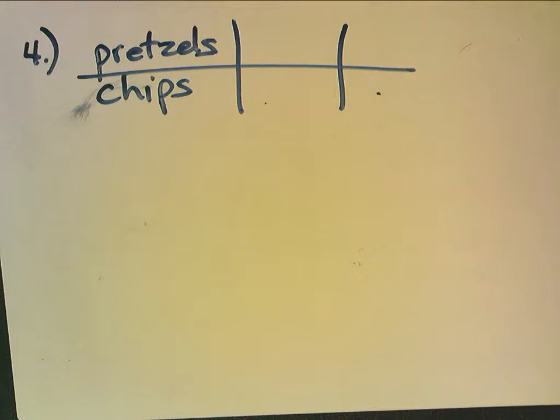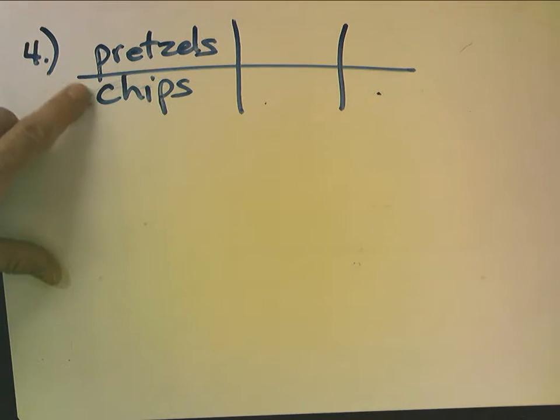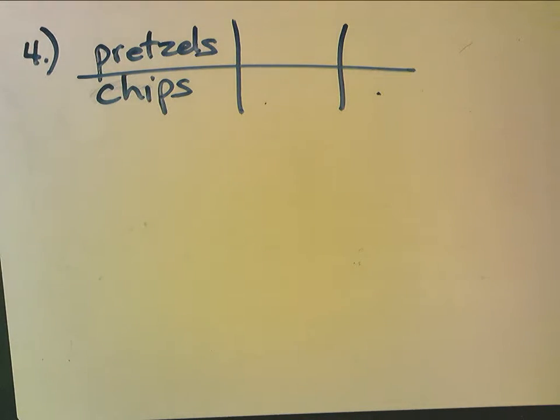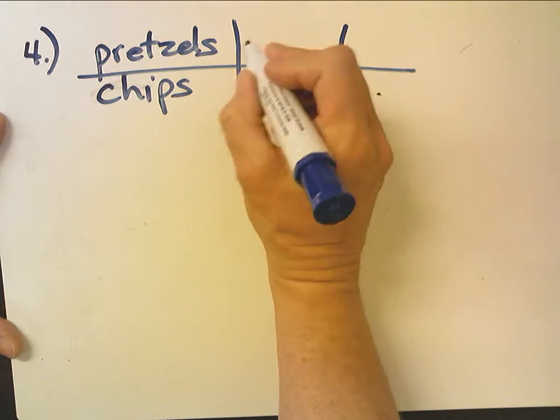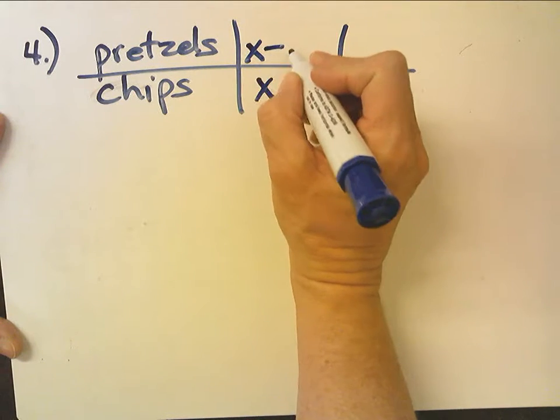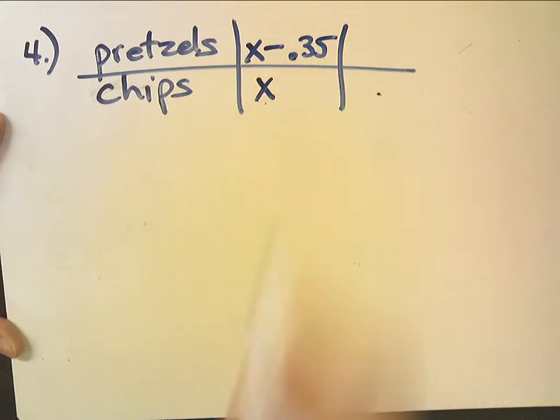For this, my unknown is the cost of pretzels and the cost of chips, right? If one bag is 35 cents less than another, the pretzels cost less. So if chips is x, pretzels is x minus 35 cents.